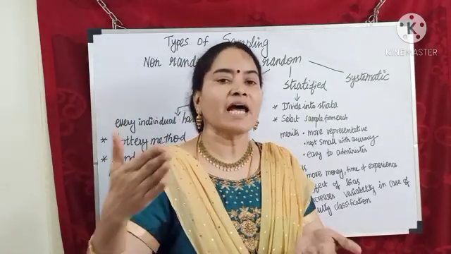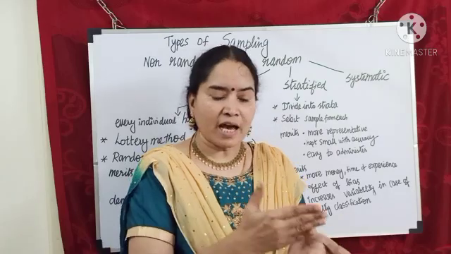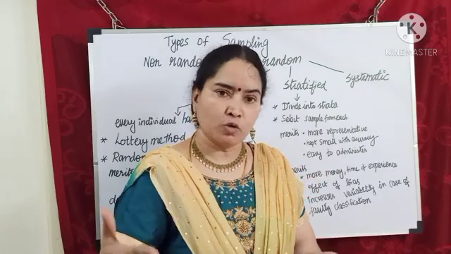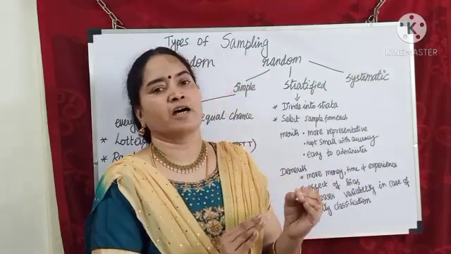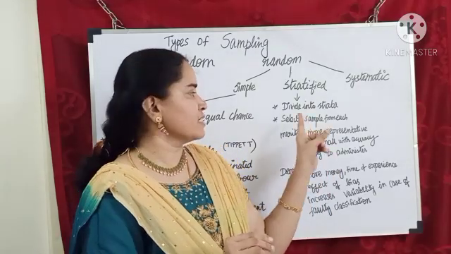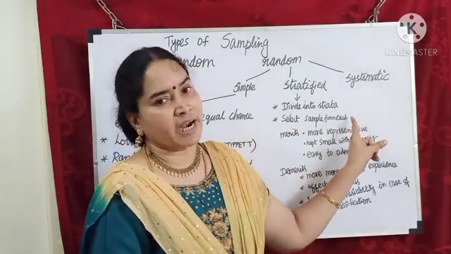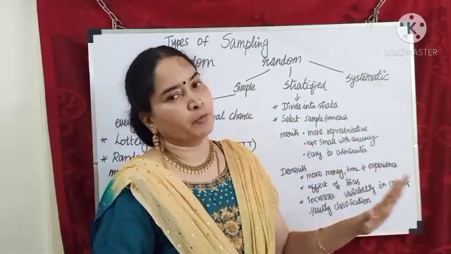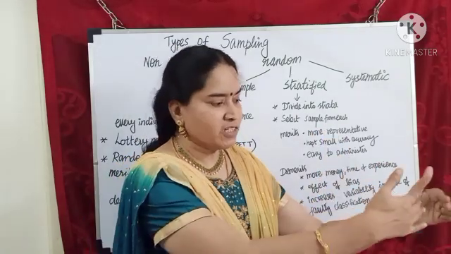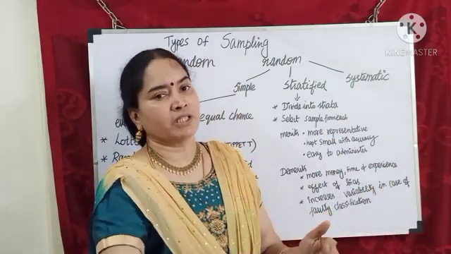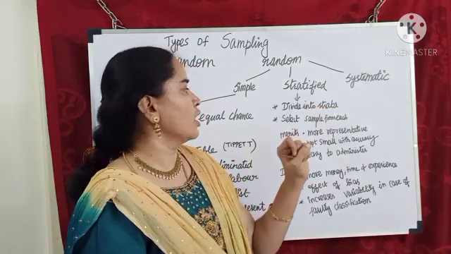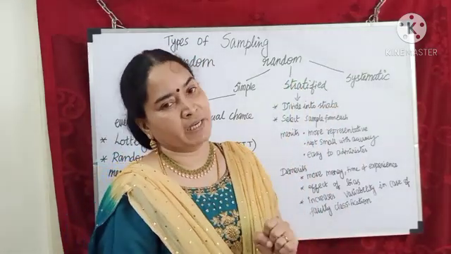Classifying them into different groups is called strata. So divide the entire population into strata. From each strata, select some for the sample. So this is called stratified random sampling.